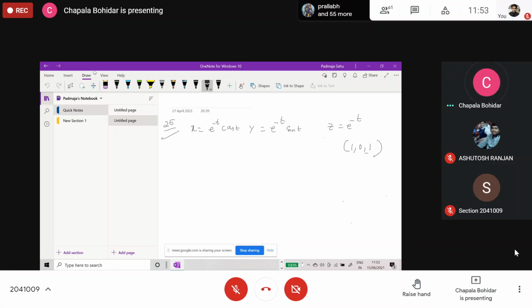Similarly, the tangent vector is r dash t divided by absolute value of r dash t. So you can take the component of r dash t, because the absolute value of r dash t is a scalar value, you can exclude it. There is only a short time, so that's why I'm explaining this part.